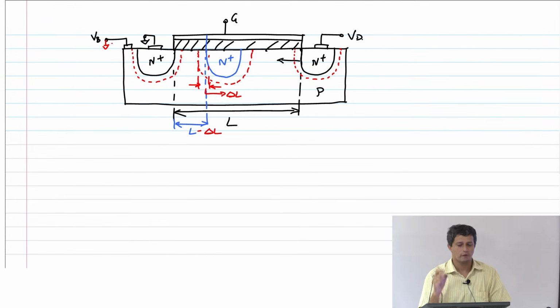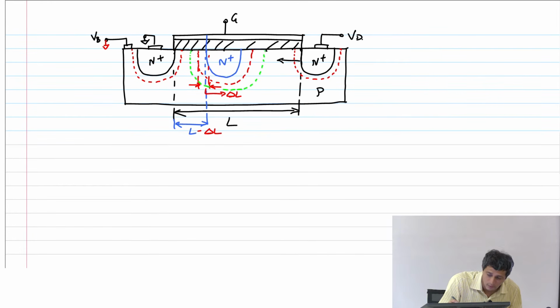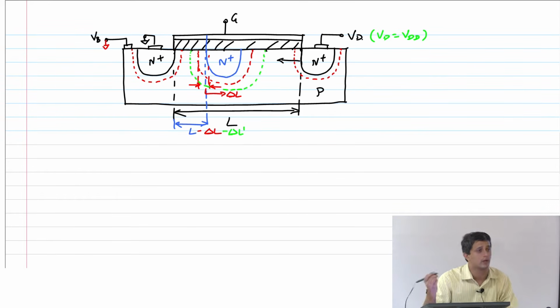Therefore, if I now increase my VD, it makes it worse because this depletion region will go up further. So this will become delta L plus another delta L prime because of my new VD equal to VDD, color coding it.